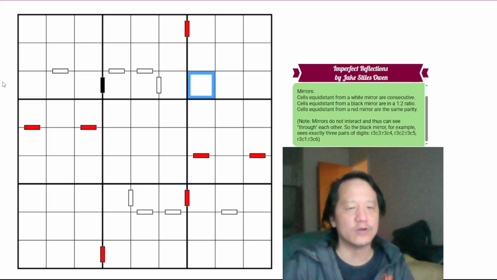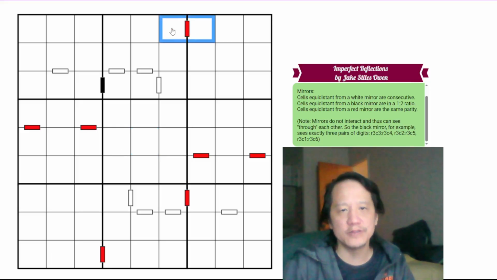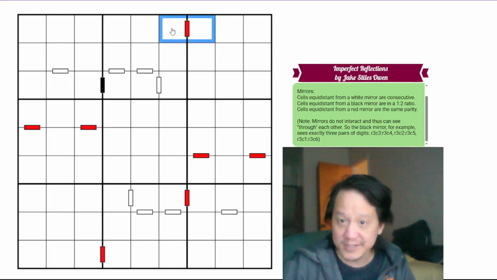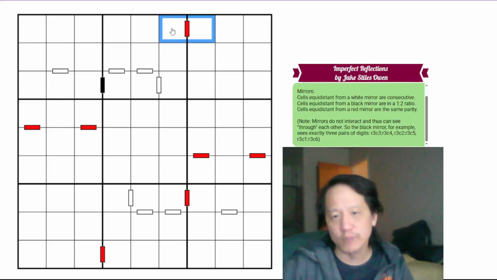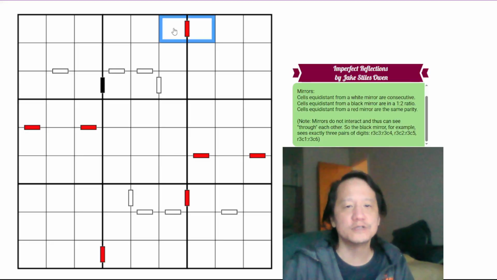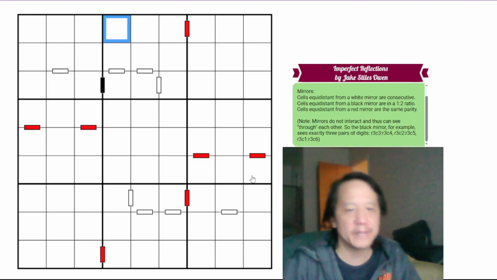This doesn't have an equivalent here. This doesn't have an equivalent either. And for parity, red mirrors are same parity. So these two are the same parity, these two are the same parity, and these two are the same parity.